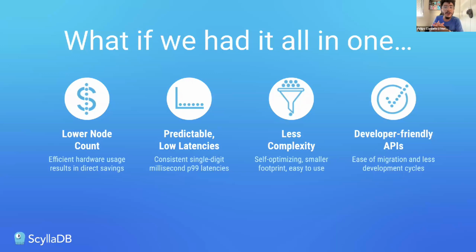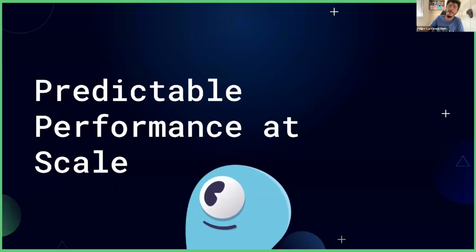And we also don't want to reinvent the wheel. I mean, there are too many databases already. And it should be reasonably easy for us to get started and to use this database, given the knowledge we have from other databases we already worked with. So to summarize, guys, we want a database which is built for predictable performance at scale.